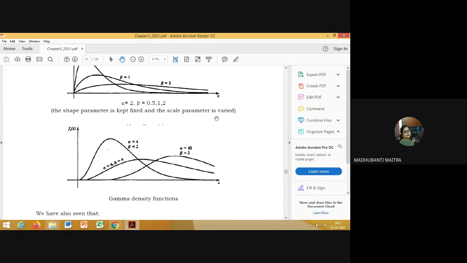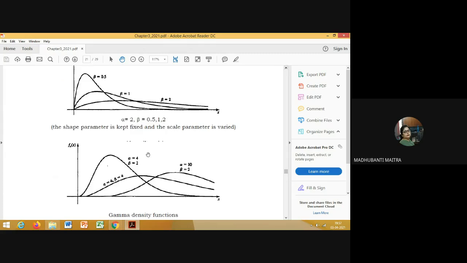The first one is for alpha equal to 4 and beta equal to 2, somewhat like this one, not exactly. Now the next one is for alpha equal to 4 and beta equal to 4. So again we have changed the beta value here. Alpha is remaining constant at 4, and the look of the density function is like this. Now we have changed the alpha value.